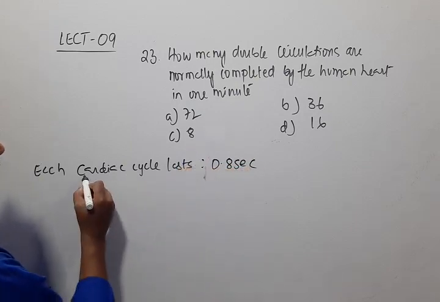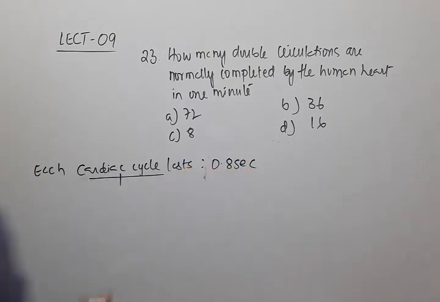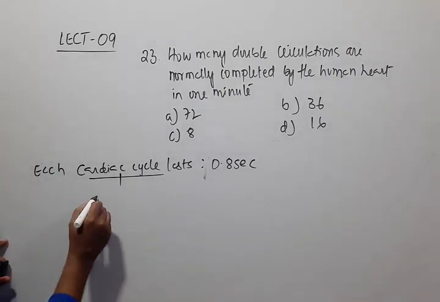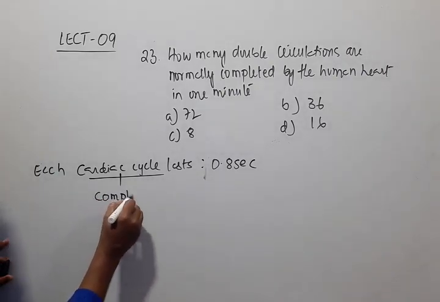This cardiac cycle includes the contraction of the auricles and ventricles, and even the relaxations, in which it completes a double circulation.